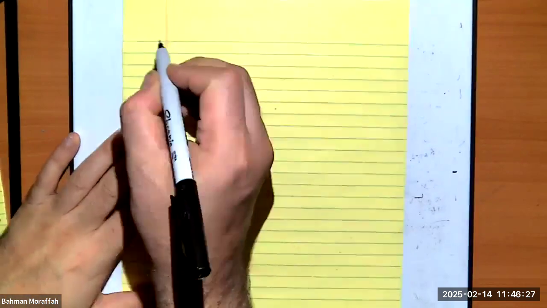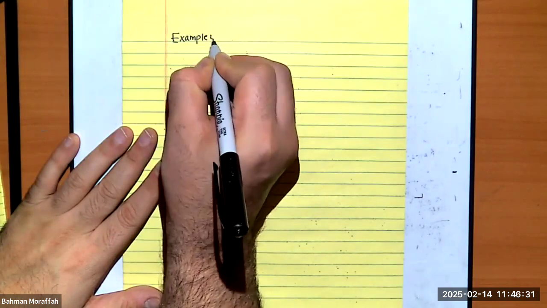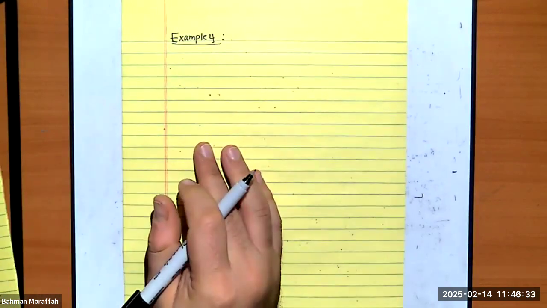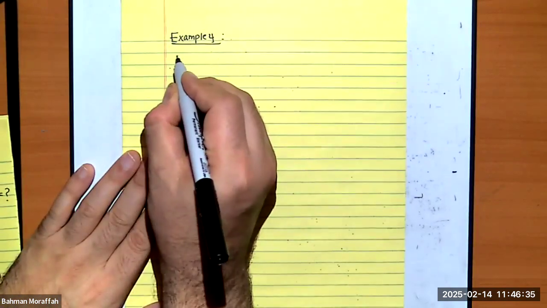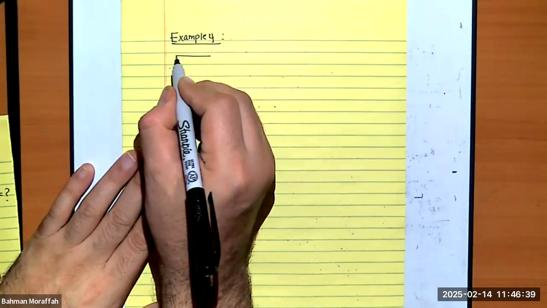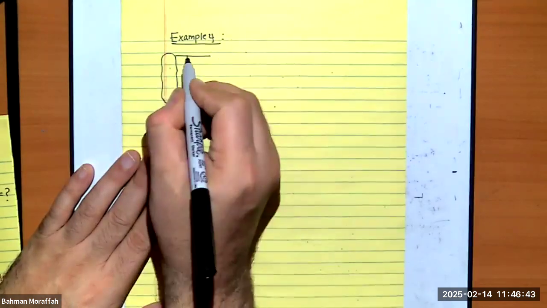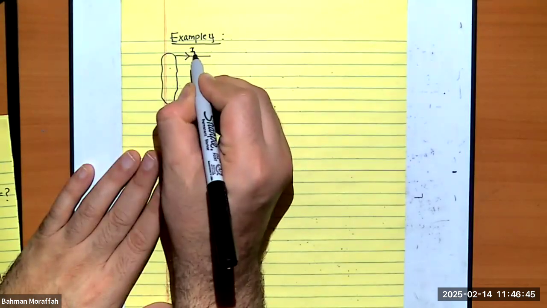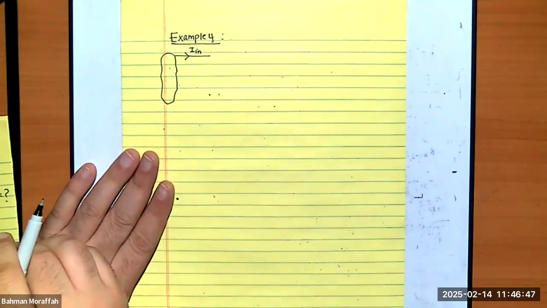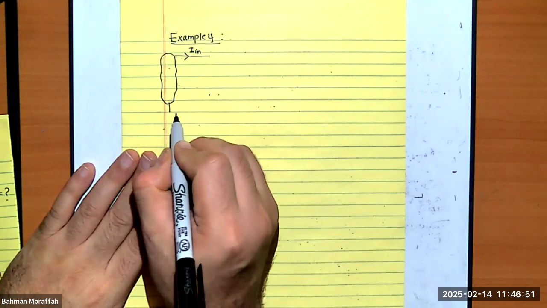Let's just say my circuit is this guy. Example 4. Let's just say I have some circuit over here that I don't really care about, but I know the input current is I input over here, and I know this side of it is connected to the ground.